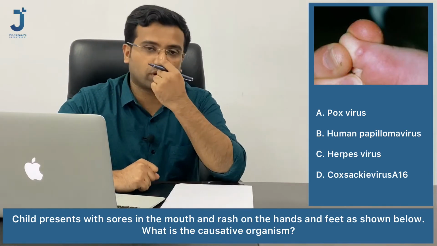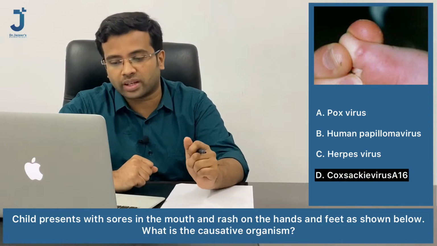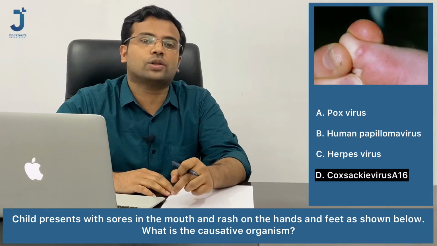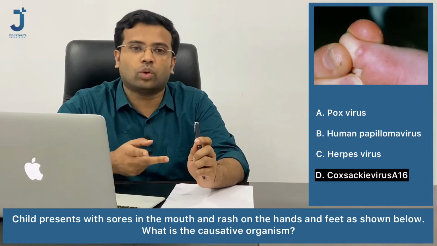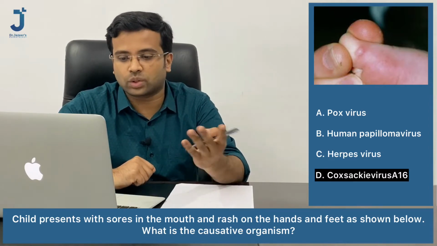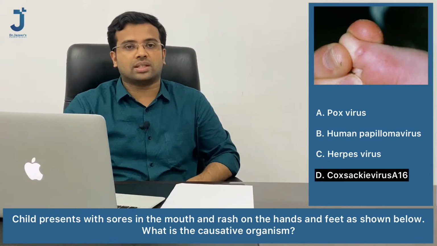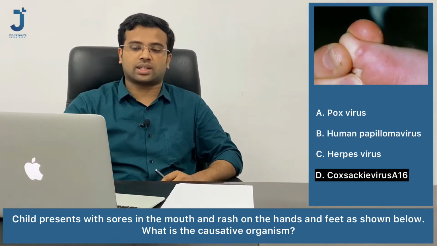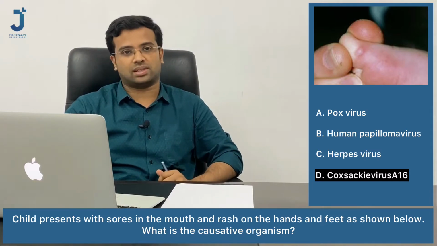The most common organism that causes hand, foot, mouth disease is Coxsackie virus A16. It can also be caused by enterovirus EV71. But among both these causative organisms, the most common would be Coxsackie virus. This is also a pretty much direct question. So among all these options, it is option D, Coxsackie virus A16, that causes hand, foot, mouth disease.